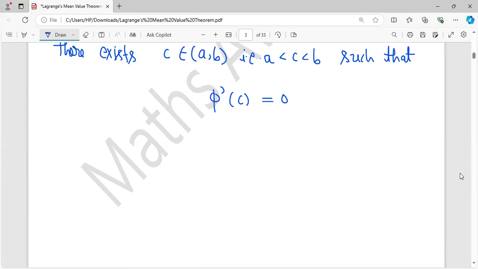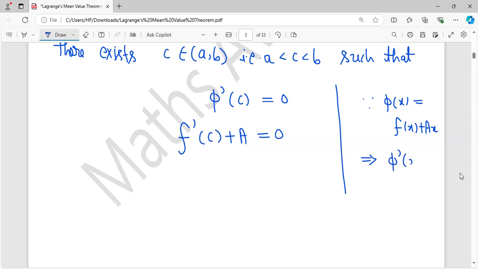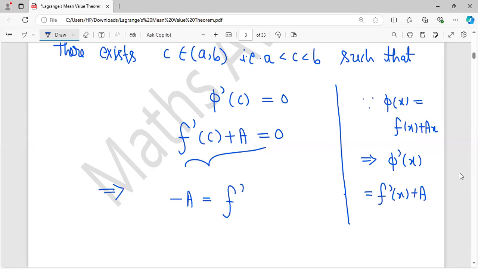It means what is the derivative of phi? Phi is nothing but f(x) plus A x. So phi dash(x) is f dash(x) plus A. When we put the value of c here, f dash c plus A is equal to 0. So this implies minus A is equal to f dash c.